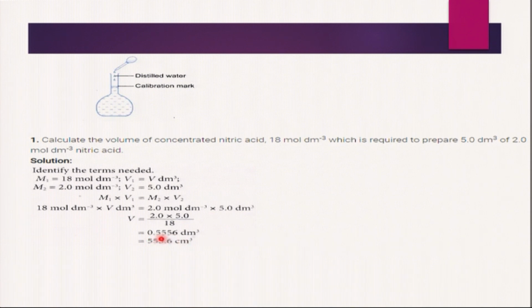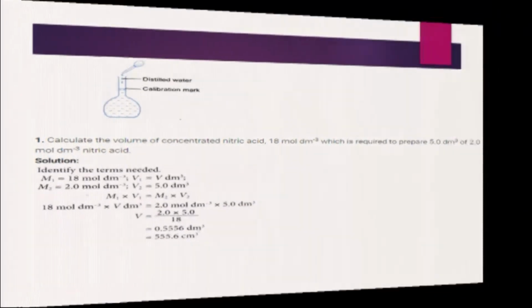So this is the volume of the concentrated acid, which contains 18 molar, that you will have to measure. Put it in a volumetric flask like that, and then add distilled water. The solution that you have obtained will be equivalent to 2 molar per decimeter cubed.